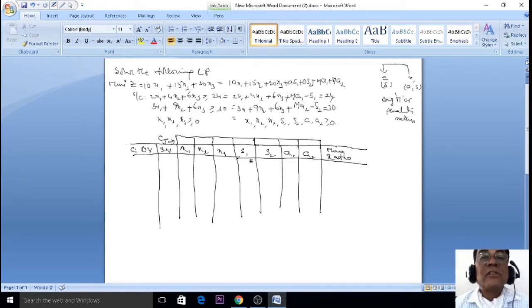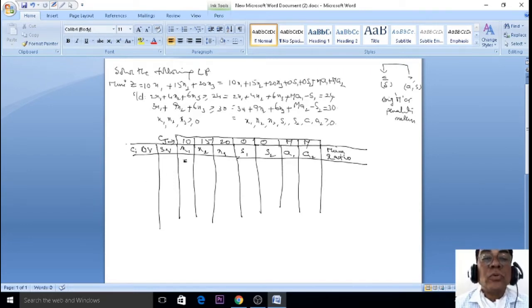See the top values, from the objective function: 10, 15, 20. So write down 10, 15, 20. Then 0, 0, M, M. Now come to the first equation.